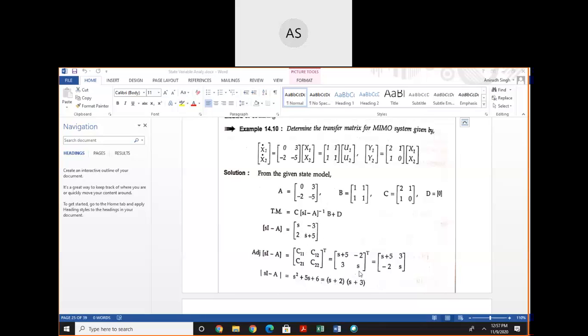And C21 is second row, first column, so it is 3, and second row, second column is S.